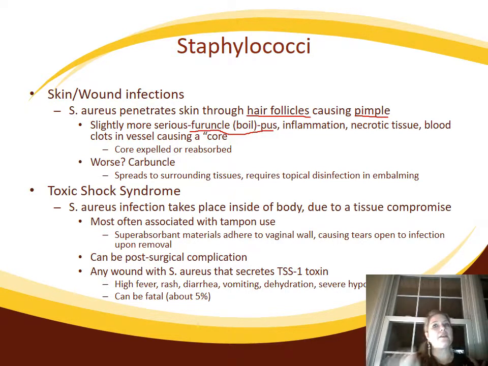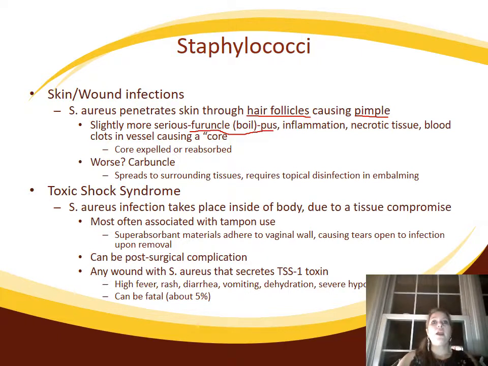And if you pop it, not just pus comes out, but you get a hard mass that comes out with it. And what's even worse is a carbuncle. Okay, and what happens with a carbuncle is that all of this is spreading to surrounding tissues. So instead of a spot like this or a spot like this, you're going to get this huge spot.